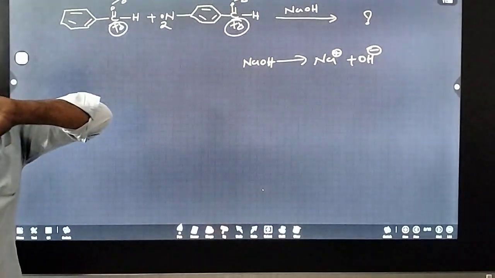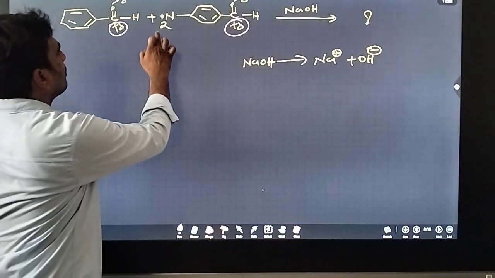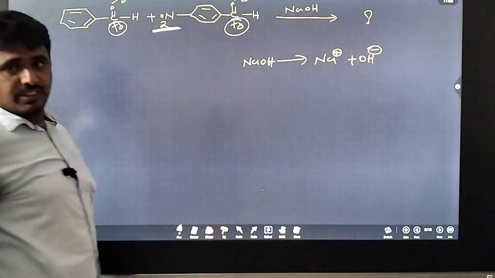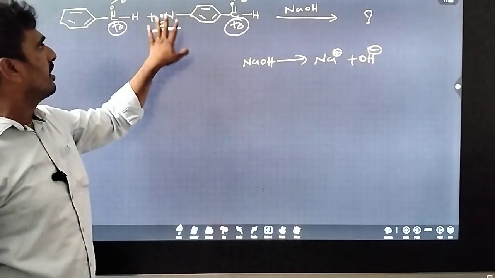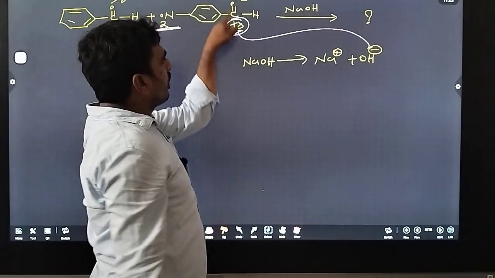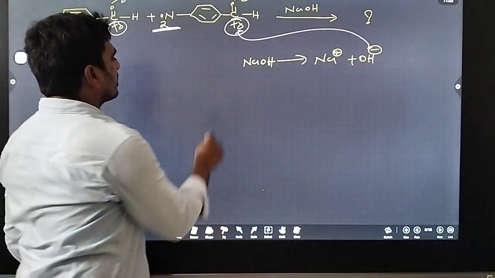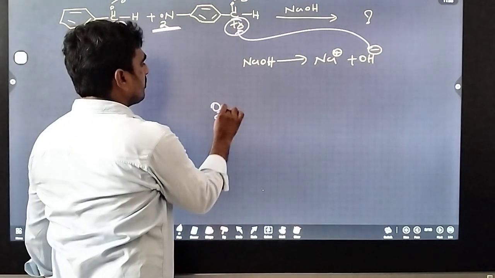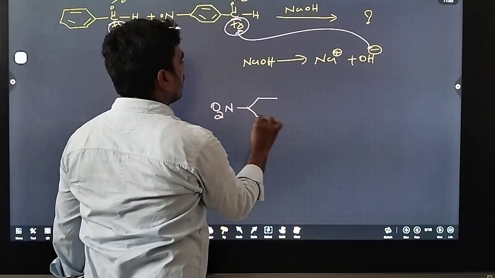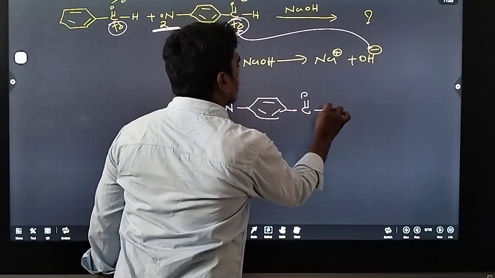Where is it more positive? Here it is more positive because of the nitro group. That means OH- attacks here, and the number of oxygens increases. So this is the oxidized product. The oxidized product is para-nitro sodium benzoate.